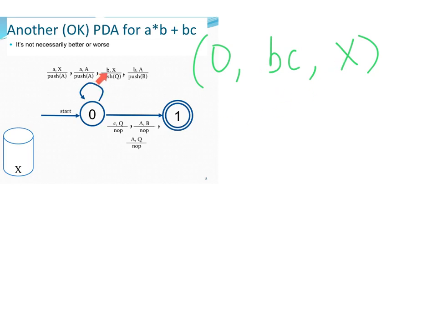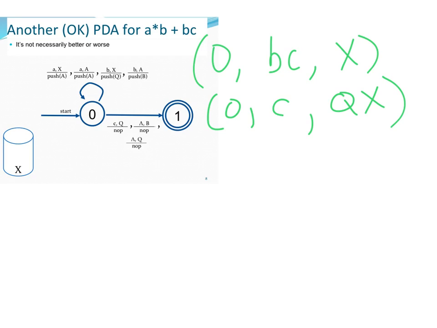So we're going to take this transition and push Q. It's a loop, so we stay at state 0. We have the letter C, and now our stack has QX on it like before.